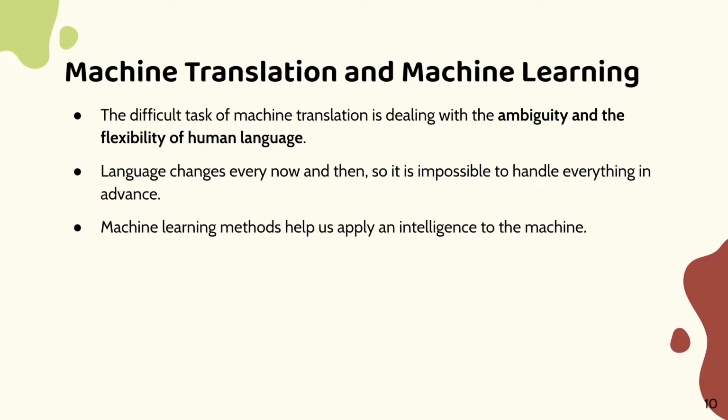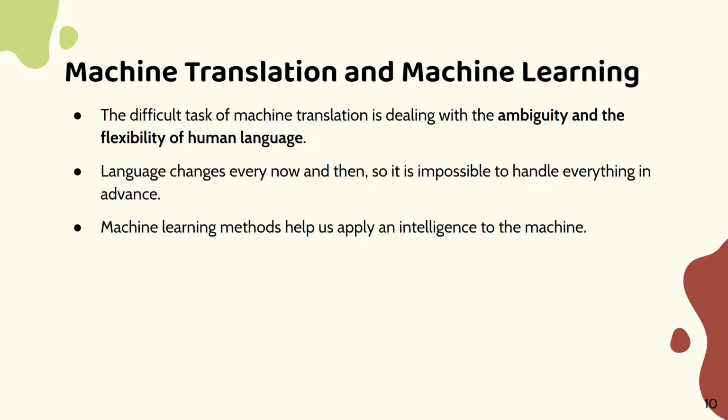When we implement a translation system, we need a specific instruction of how this particular sentence can be translated into another language, right? But language is dynamic. It always changes every now and then, which means that handling everything in advance is impossible.